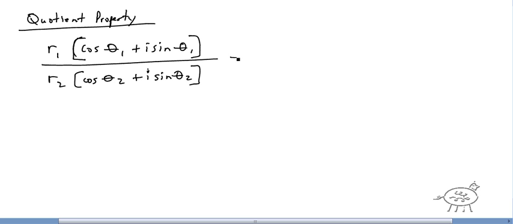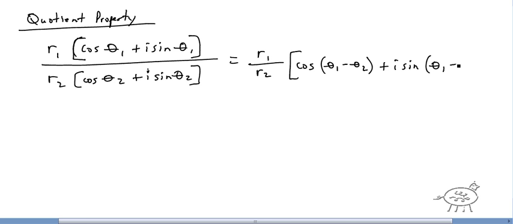Okay, it's very simple. Again, in the product property, you multiply the r's. Now we're going to divide them. So we're going to keep it as r1 divided by r2, and that's going to be times cosine, and what we're going to do is subtract, and you subtract the top minus the bottom. So cosine of theta 1 minus theta 2 plus i sine of theta 1 minus theta 2. Okay, that's it. Pretty straightforward.